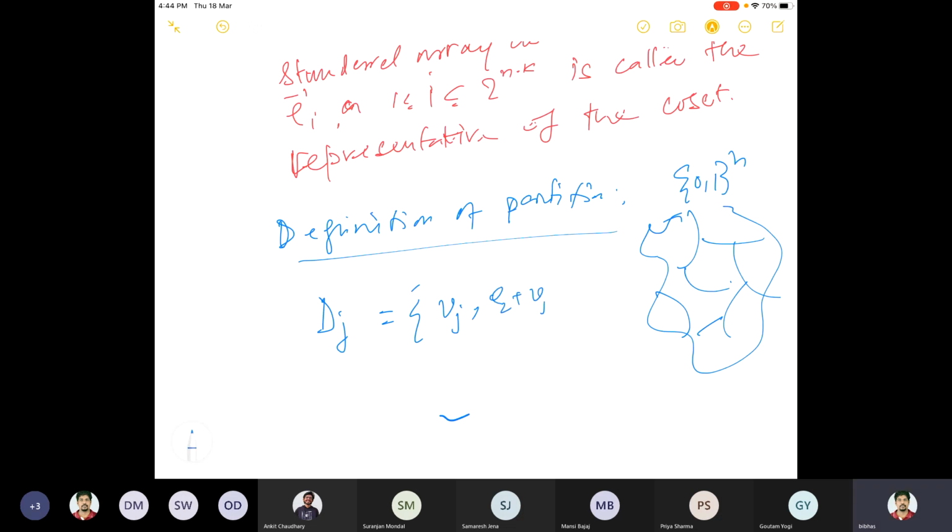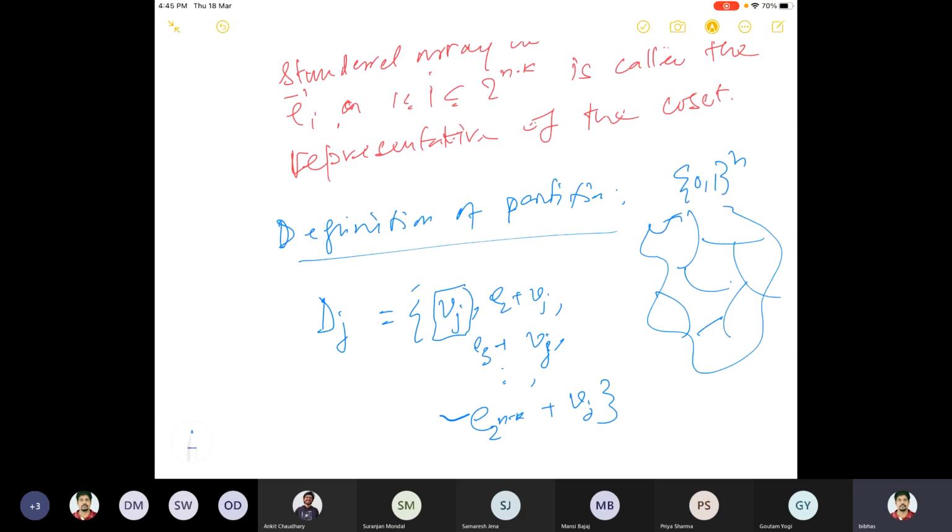E2 plus VJ, E3 plus VJ, dot dot dot, E_{2^(n-k)} plus VJ. So there is a representative, and I add all the error patterns to it. Any E1 can be considered as an error pattern, because {0,1}^n is a vector space.